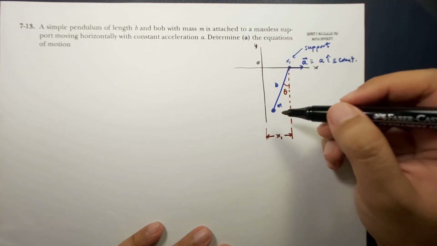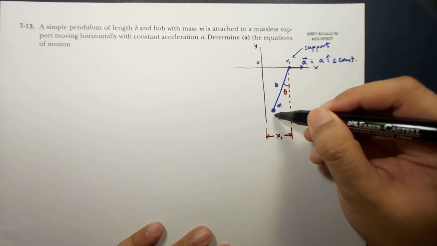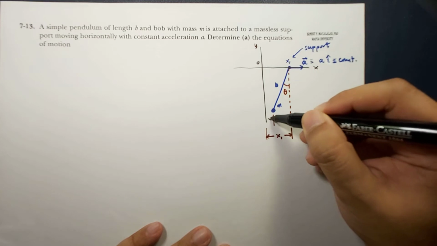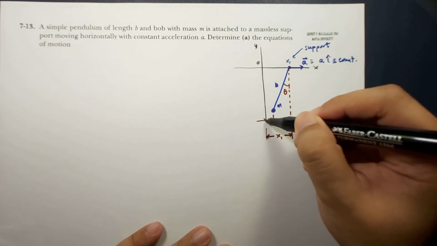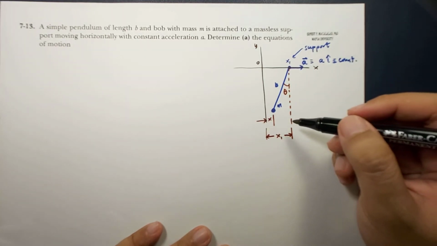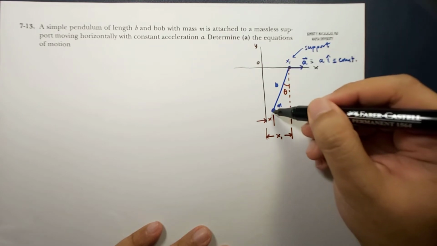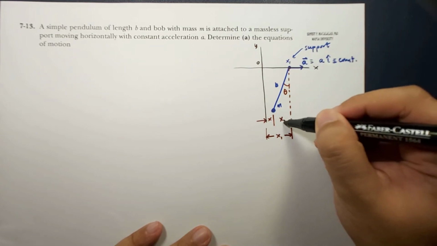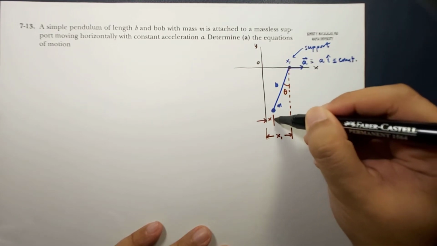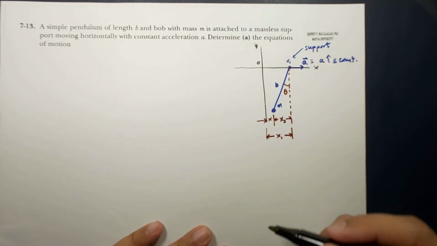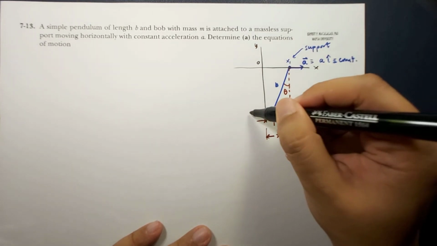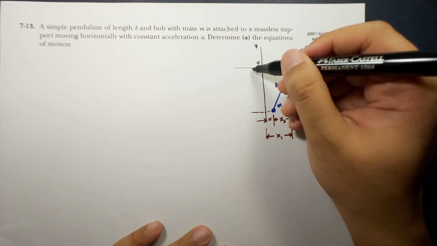The position of the pendulum bob will be x, and with respect to this line, the bob is x2 away, and this will be your y.